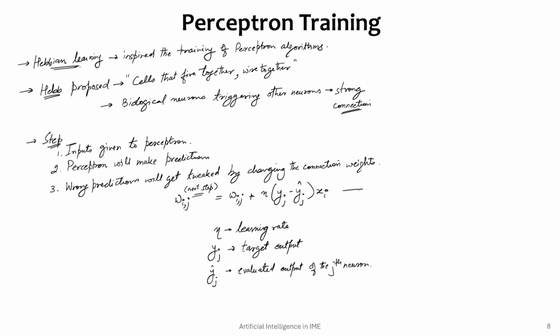This equation will help us train our model by tweaking the weights at each step, right? And this single layer perceptron is limited. That is why we will utilize multi-layer perceptrons.